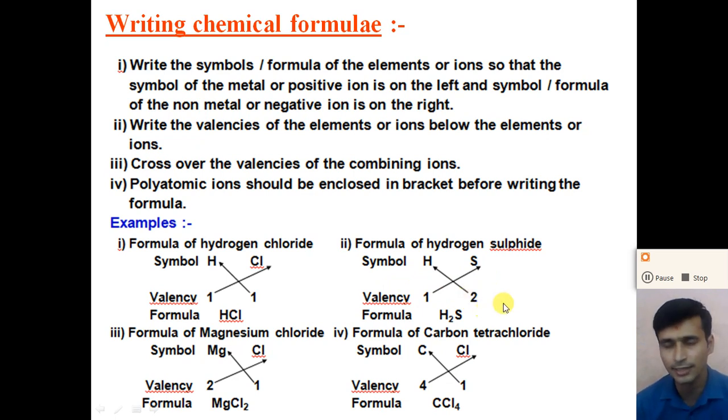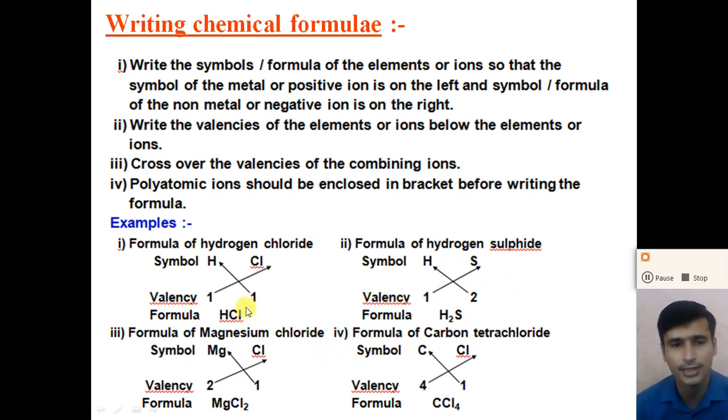The valency of sulfur is combined with hydrogen, we get H2, and the valency of hydrogen is combined with sulfide, we get 1. So the chemical formula of hydrogen sulfide is H2S. The valency of sulfur is combined with hydrogen and written as a subscript, H2 into S. A valency of one we need not write.